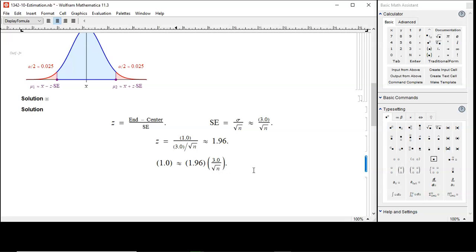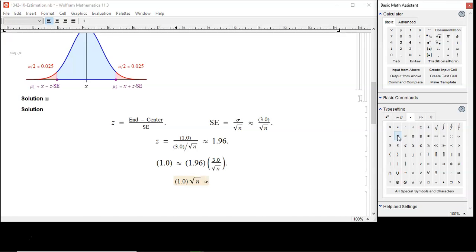Multiply by square root of n to both sides of equality. Then finally I'm going to get no denominator anymore. So multiply by square root of n to both sides. To the right hand side it disappears. To the left hand side I have that. And finally, divide by this.